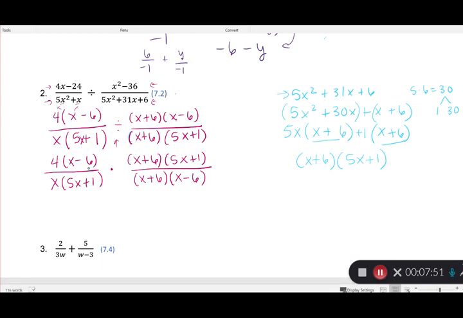So the first one I see is I have an x minus 6 here and an x minus 6 here. So those cancel out. Here I have a 5x plus 1 and a 5x plus 1. Those cancel out. Here I have an x plus 6 over an x plus 6. Those cancel out. I have 4 over x is all that's left. And that's my answer. Very pretty.